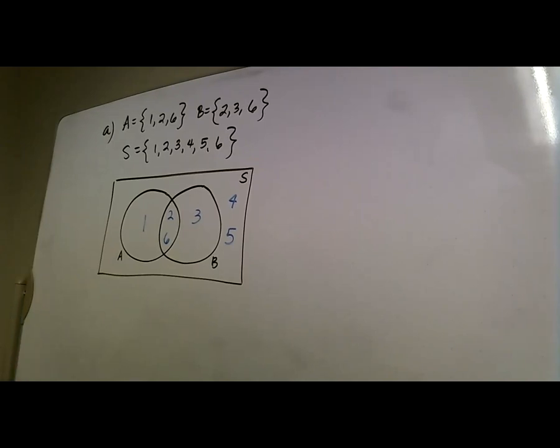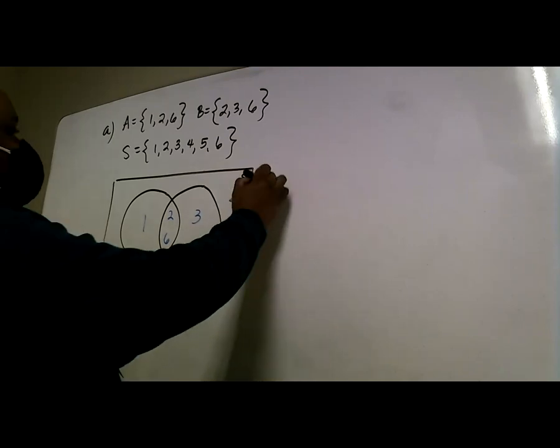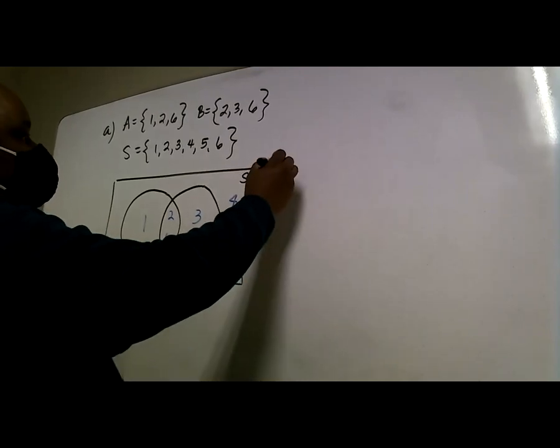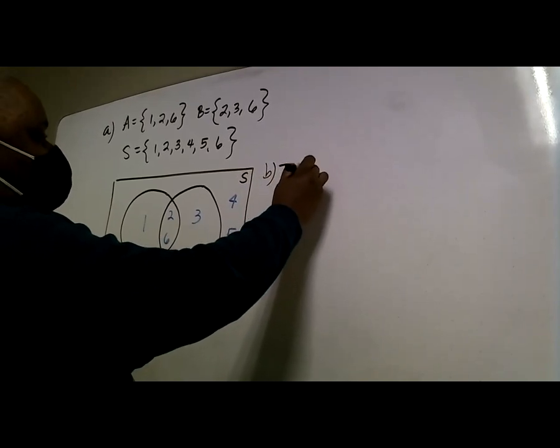And in part B, they ask you to explain how the Venn diagram for events A and B would reveal that A and B are not mutually exclusive. Well, here's the Venn diagram.